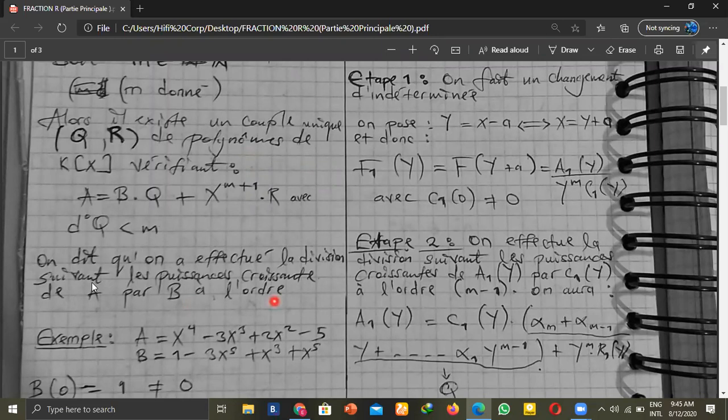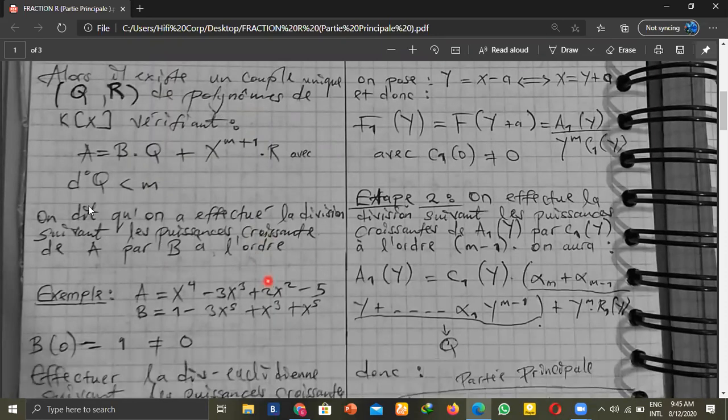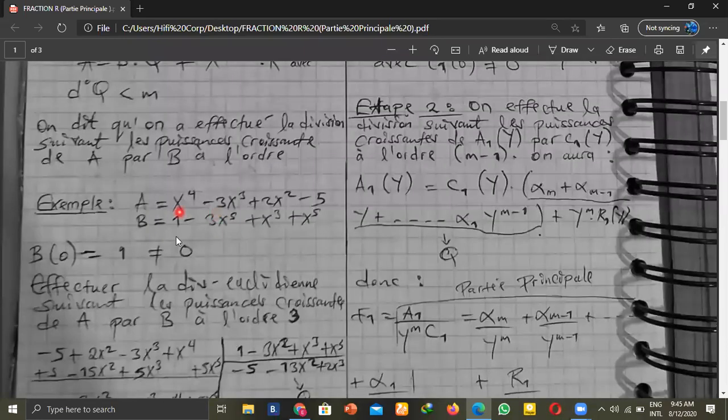On dit qu'on a effectué la division suivant les puissances croissantes de A par B à l'ordre m. So it's a Euclidean division by increasing powers. What do you mean by this? For example, A is equal to this and B is equal to this. B is written in increasing powers.